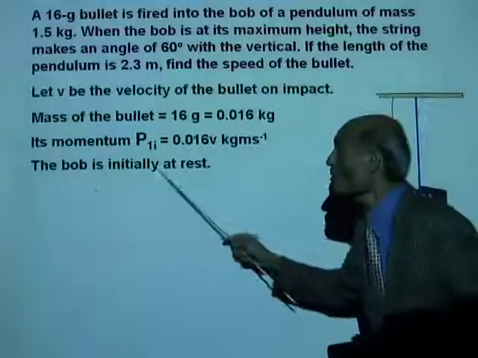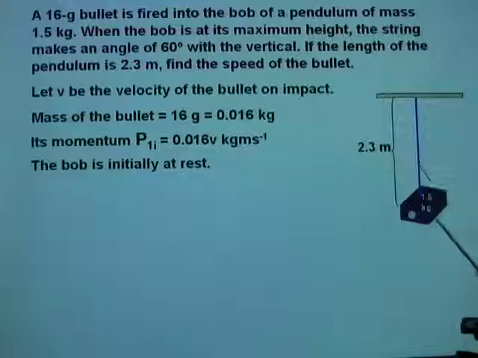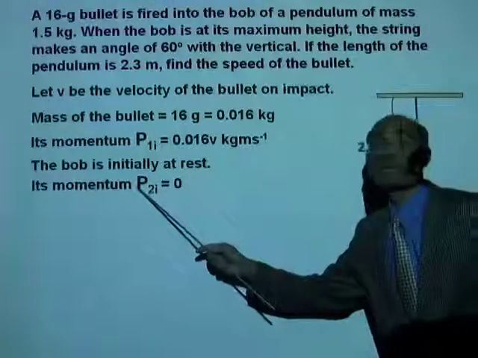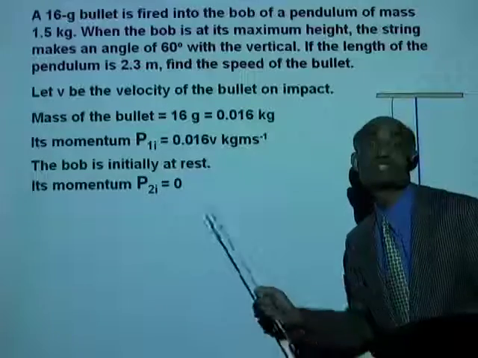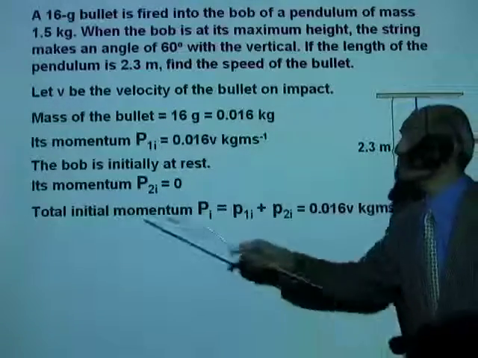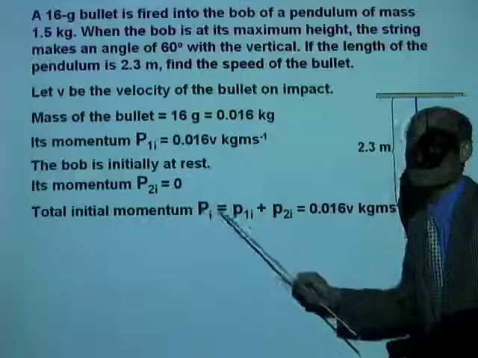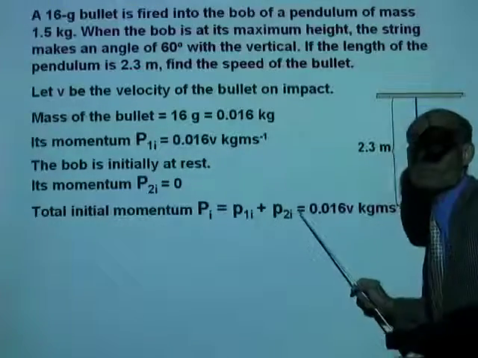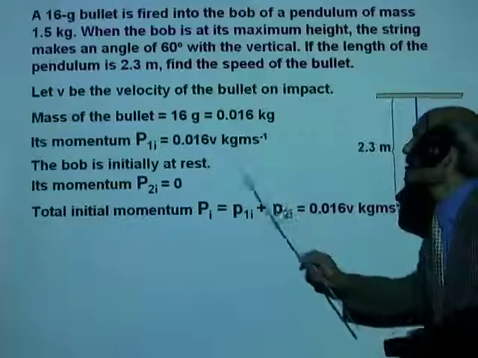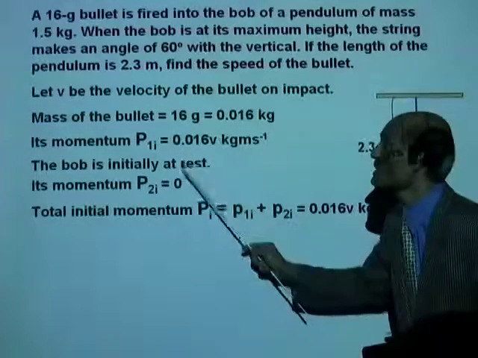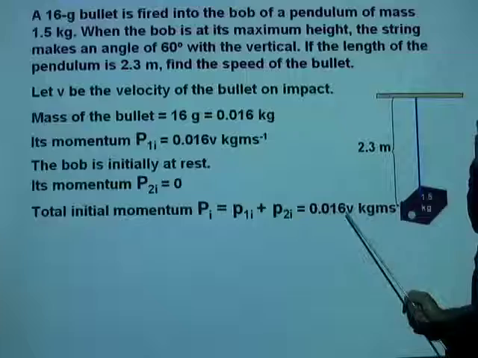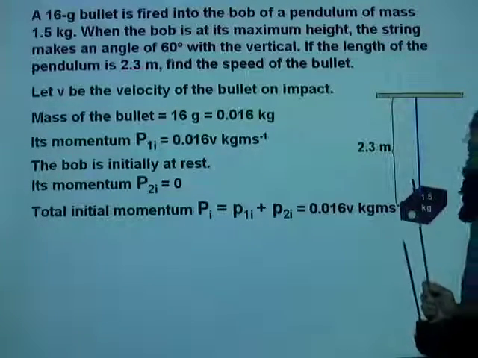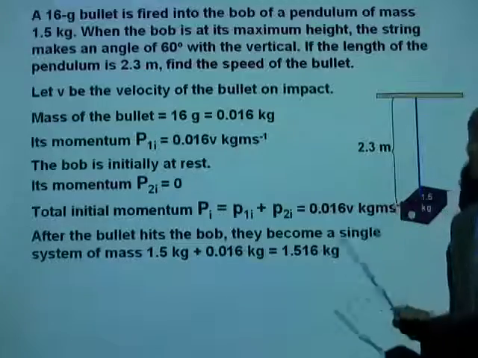Now the bob initially is at rest. Therefore, its momentum initially is 0. The total momentum Pi is momentum of the ball plus the momentum of the pendulum bob, which is this quantity plus 0. That is 0.016 v kilogram meter per second.